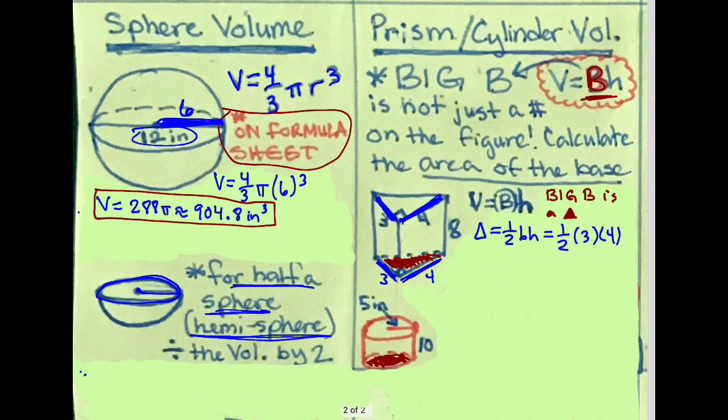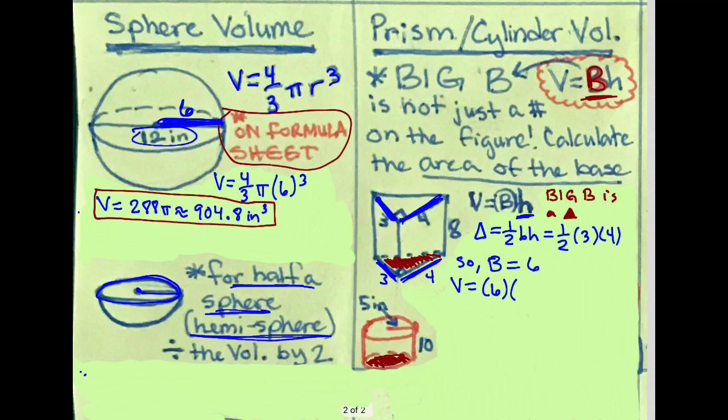When you do that, our big B is equal to, if you just multiply that out, 6. So we're going to put that in place of our big B right there. In our volume formula, volume equals our big B, which is 6, times the height of the prism.